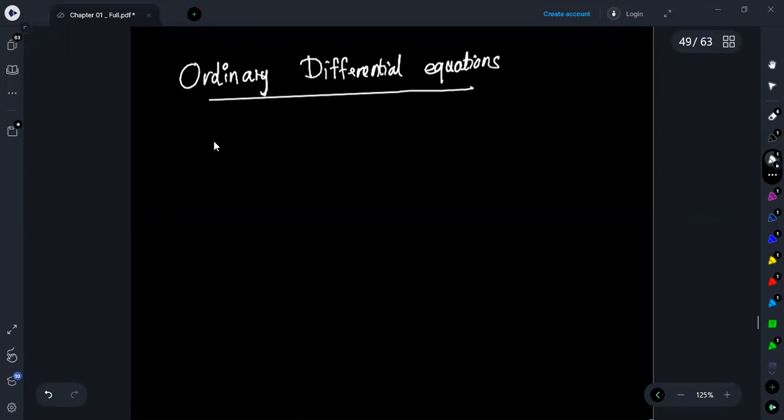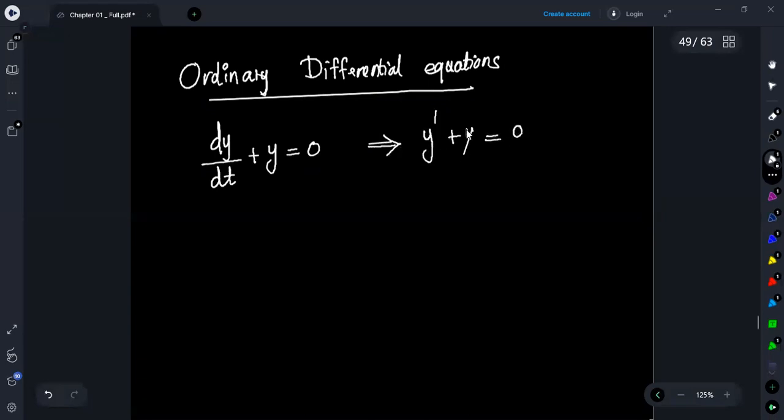Starting from a differential equation, let's start from dy over dt plus y is equal to 0. We can rewrite this as y dash plus y is equal to 0. If we have this type of equation, these two cases are similar.